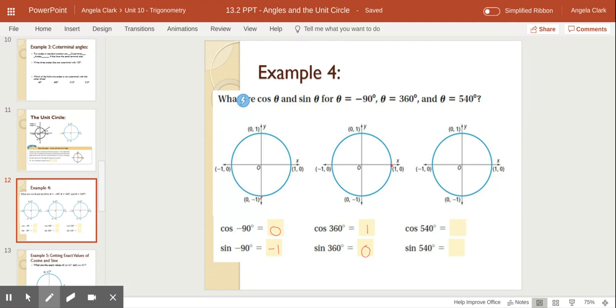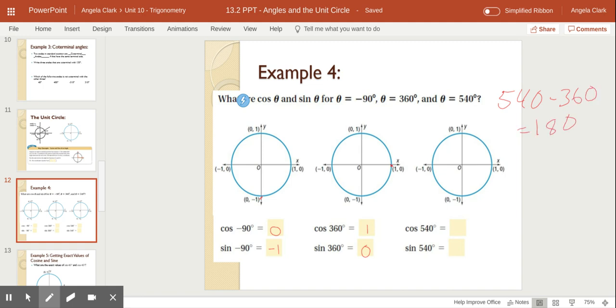So if I have a number that's bigger than 360, I would want to subtract 360 so that I get it down to a number that I'm used to seeing, because I'm not used to dealing with angles bigger than 360. So we're going to do 540 minus 360, which is 180.